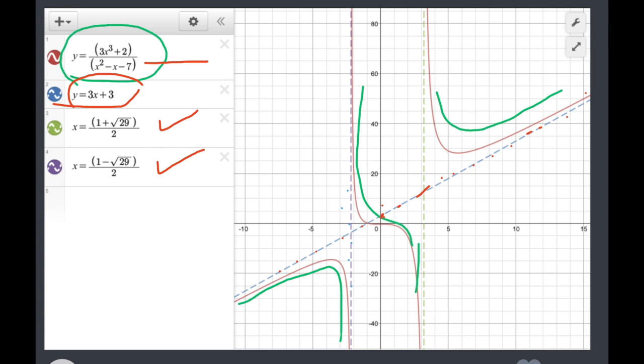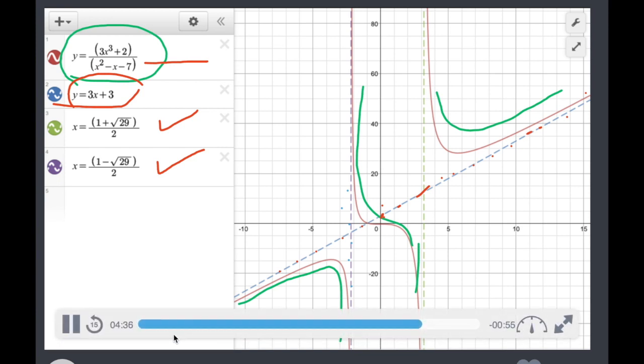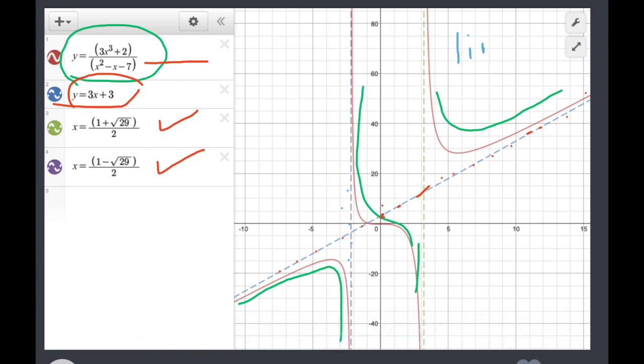So the solutions for limits would be varying here, and the limit as x goes to infinity in the positive direction will be infinity. It's going to go up, up, up, unbounded.